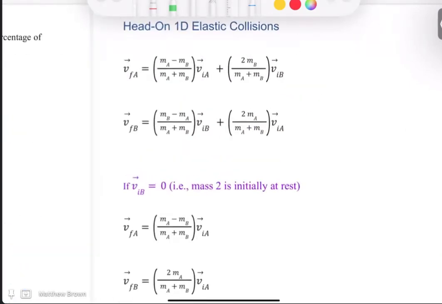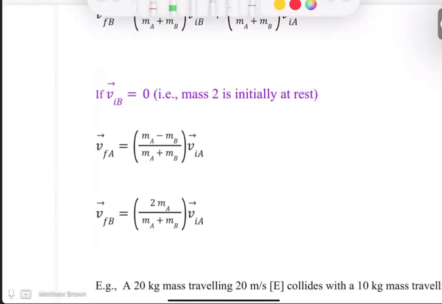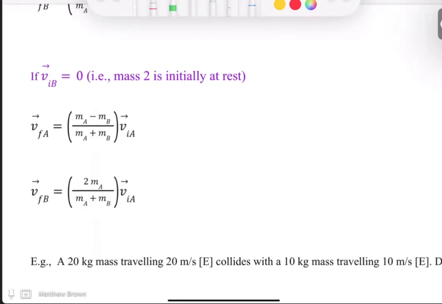And here's the more general one if it's not. But as I mentioned before, you can always change your perspective and just use these. You don't have to, but it might be more helpful. For example, if you had mass A moving at 10 meters per second and mass B moving at 5 meters per second in that direction, you could change your reference frame and say, as far as mass B is concerned, its velocity is 0, and A is approaching it at 5.